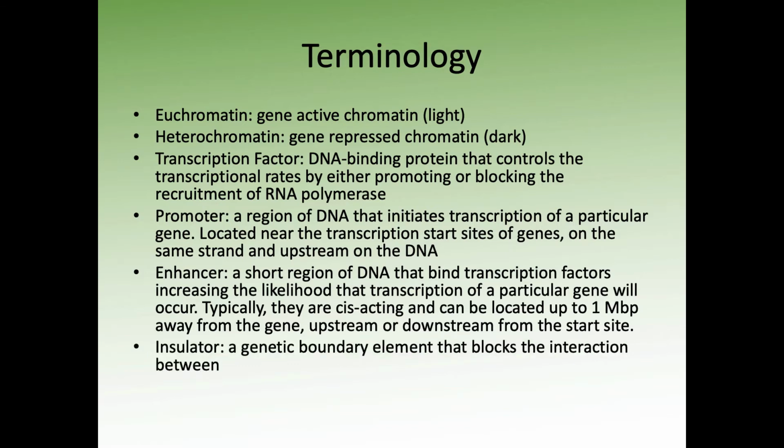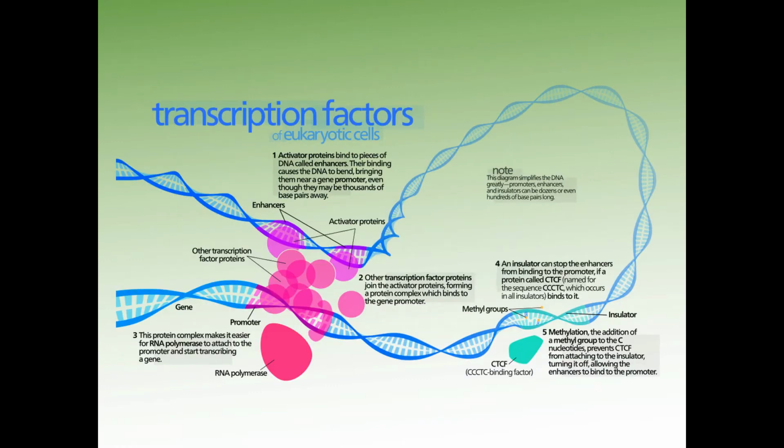There are also insulators. These are genetic boundaries that block interactions between different genetic elements. And if we look at a diagram of how these factors might interact with each other, we have a gene over here in this area. And if we think of how transcription functions, we have activator proteins that are going to be binding to elements like enhancers, and then they're going to help recruit a series of other transcription factors in addition to these activator proteins.